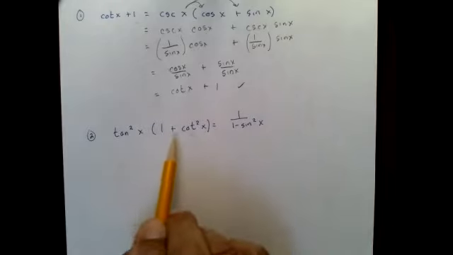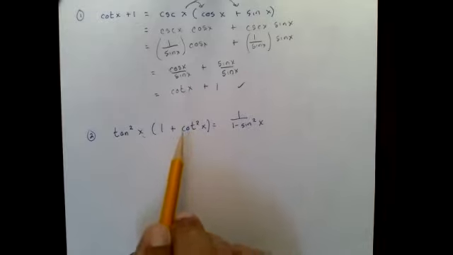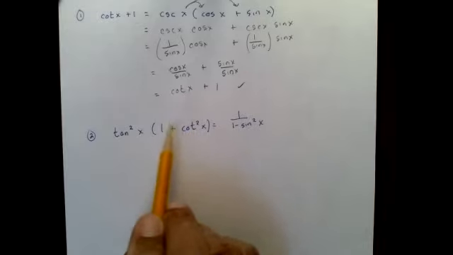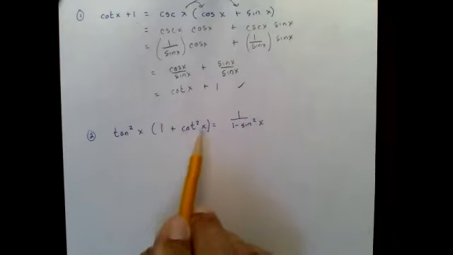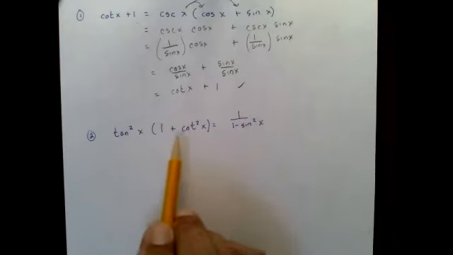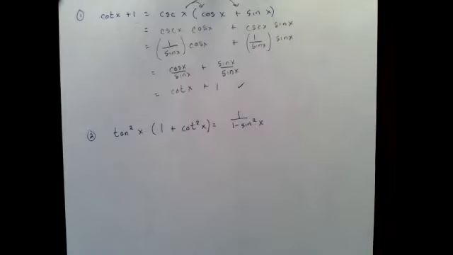that guy looks familiar. Can I use the Pythagorean identity and say, wait a minute, I know this one. That guy right there equals, what does he equal? The cosecant squared of x, right?